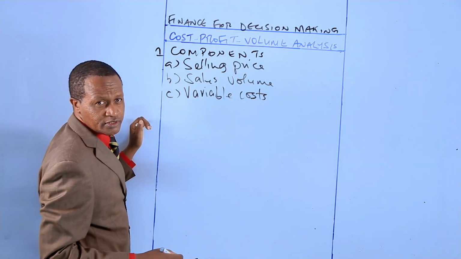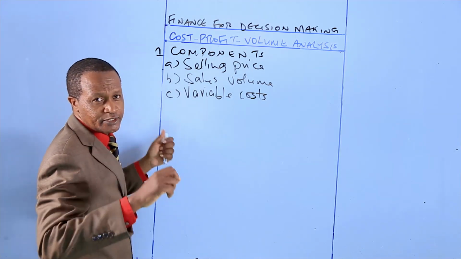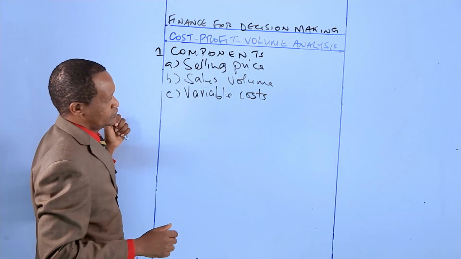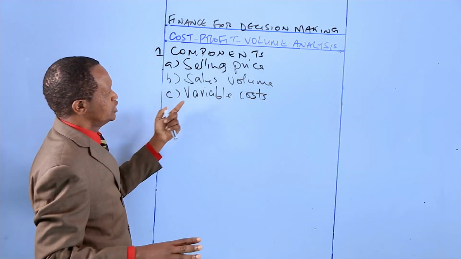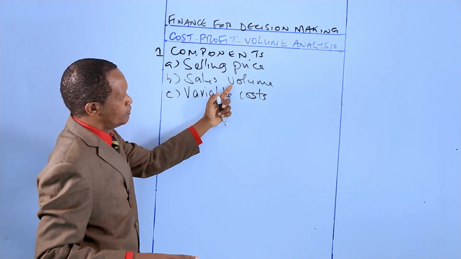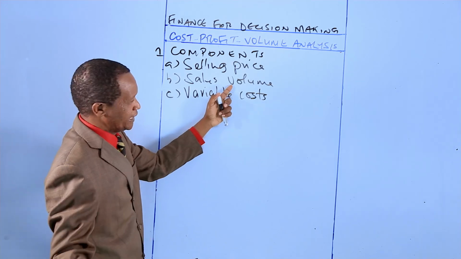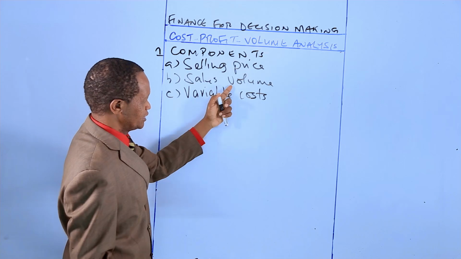Then the third element is what we call variable costs. Variable costs are costs that change in direct proportion to changes in sales volume. There are certain costs that will change when you change the sales volume. Examples of such costs include direct material, direct labor, direct expenses.